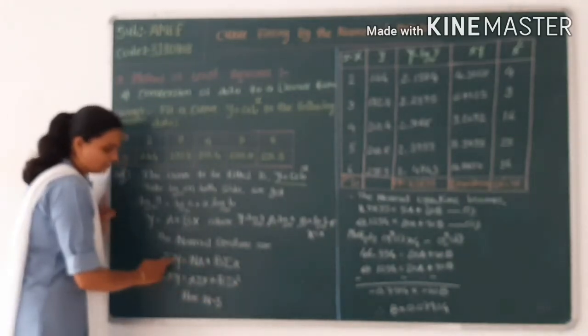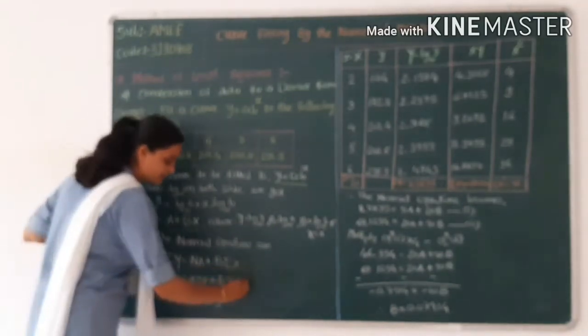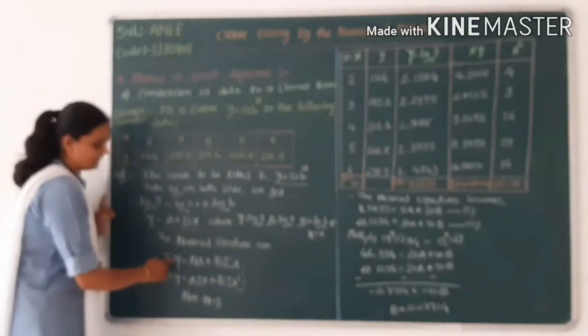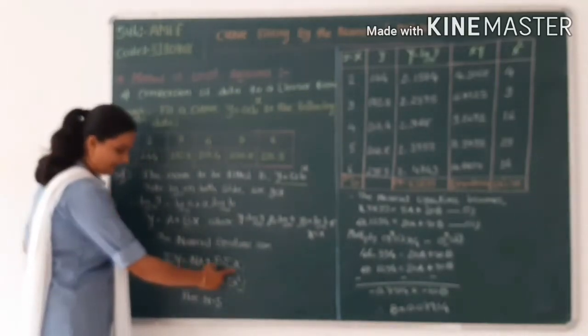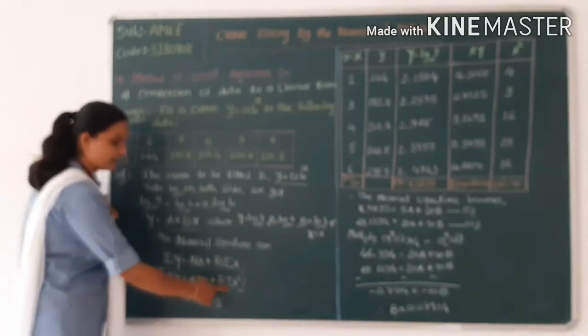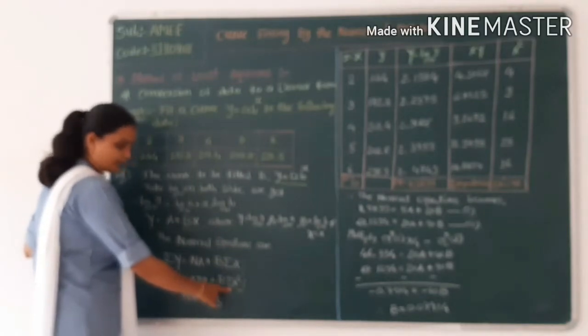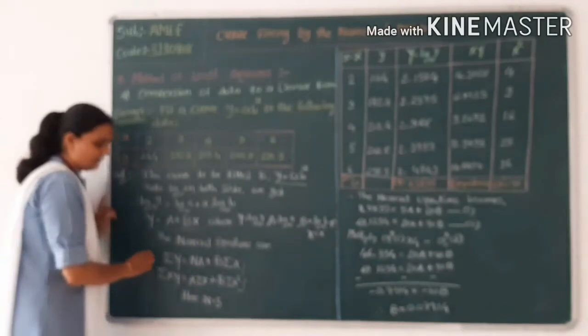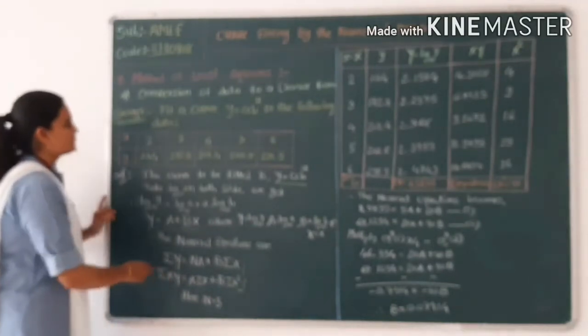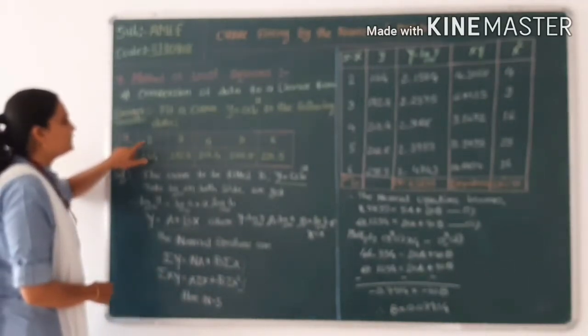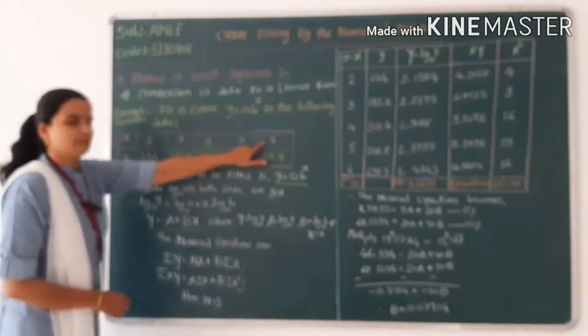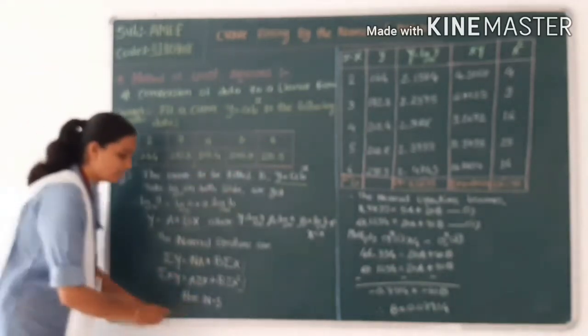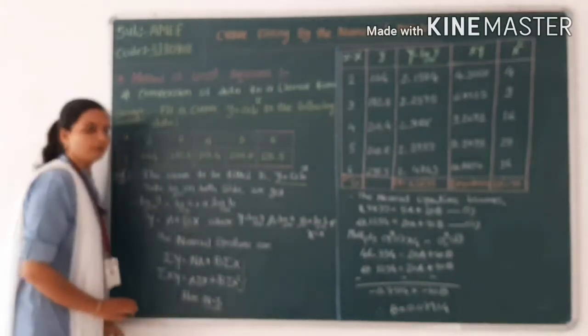Now to solve the normal equations we need to find summation y, summation x, summation xy and summation x square. For that we make a table of the values of x and y. Here there are 5 data points, so the value of n equals 5.